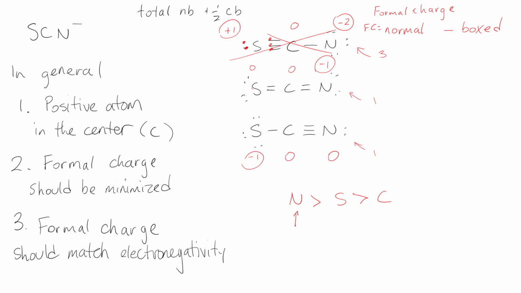Okay. One final thing to note. One way we can represent the resonance, as I said, was this movement of electrons from bonding orbitals to non-bonding orbitals.